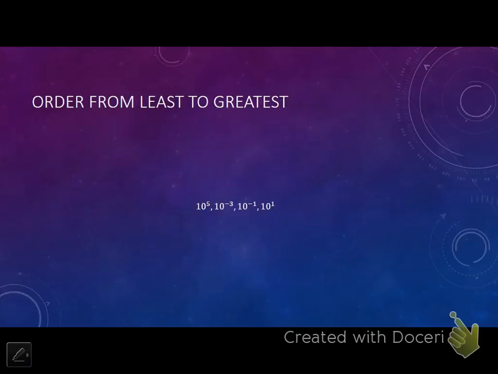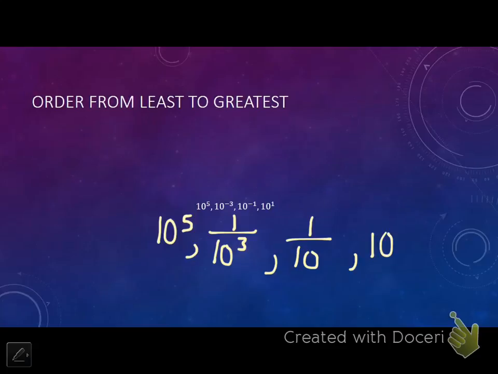Okay, order from least to greatest. So we got 10 to the 5th here. Well, this is a negative, so we want to do 1 over 10 cubed. That's a negative, so we're going to do 1 over 10 for this one. Well, 10 to the 5th, we know is going to be the biggest.